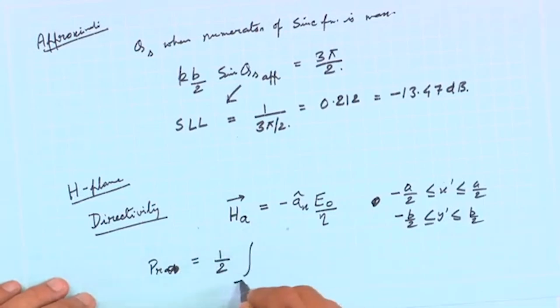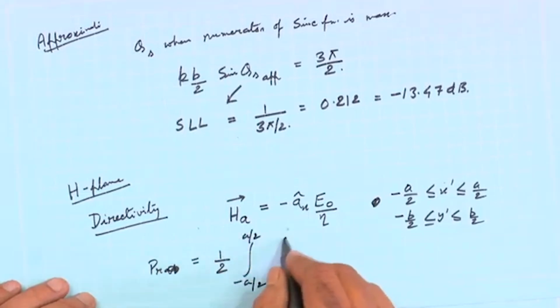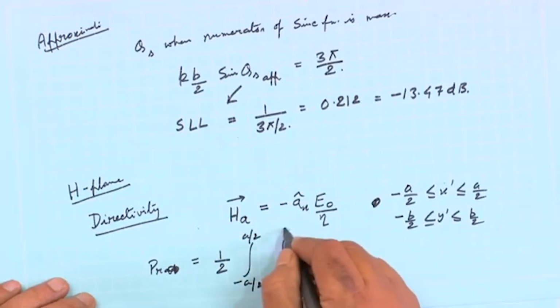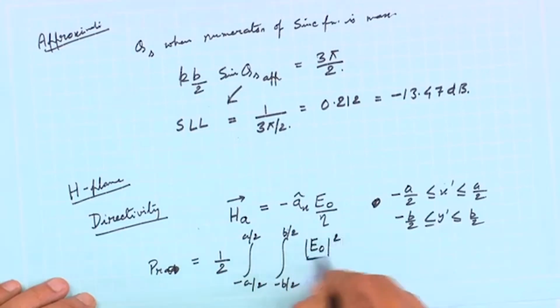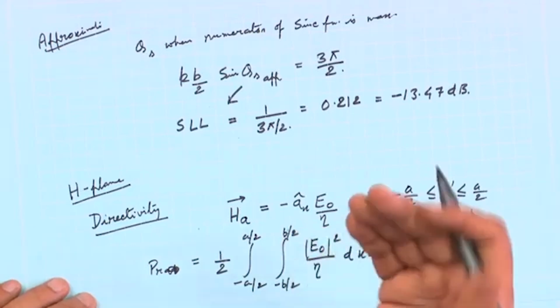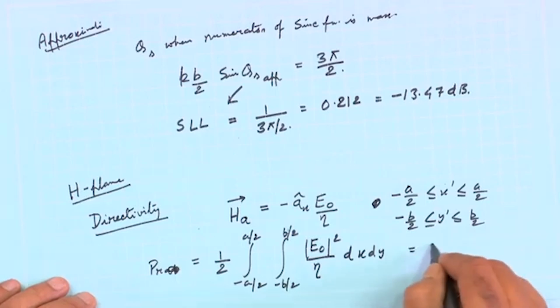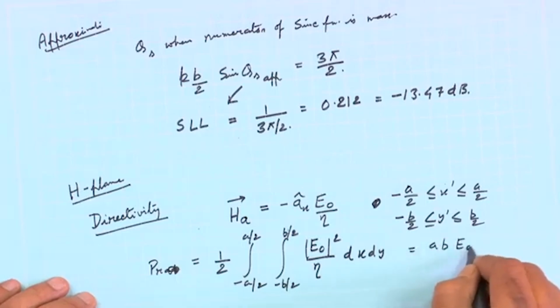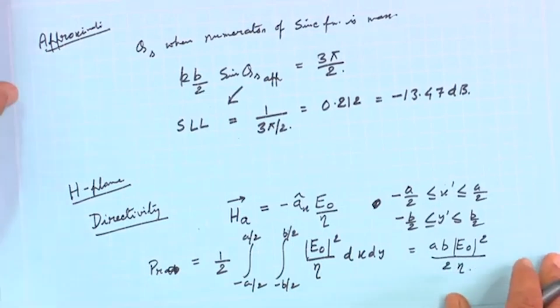So, half you integrate over the aperture, minus A by 2 to A by 2, minus B by 2 to B by 2, E naught square by eta dx dy, because your surface area of the waveguide, that will be z directed. So, dot product that will cancel. So, ultimately it will be A B E naught square by 2 eta.